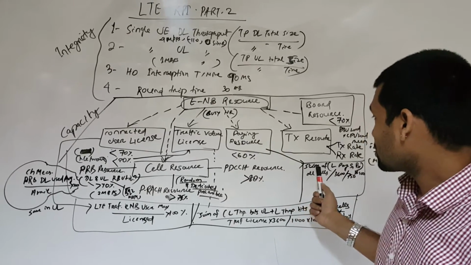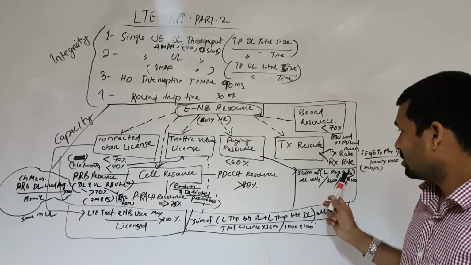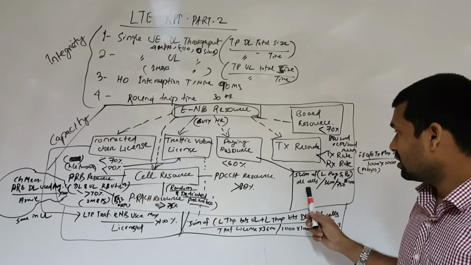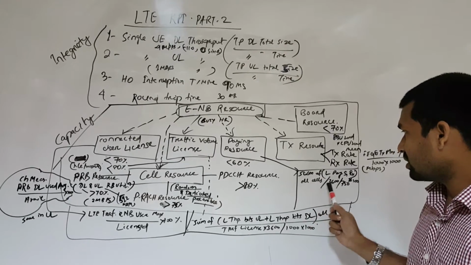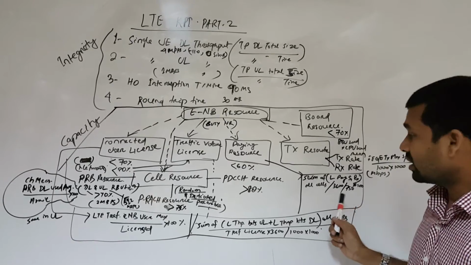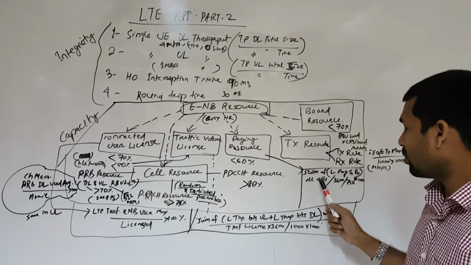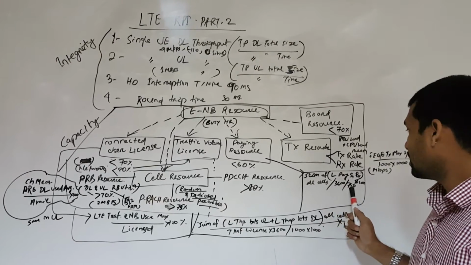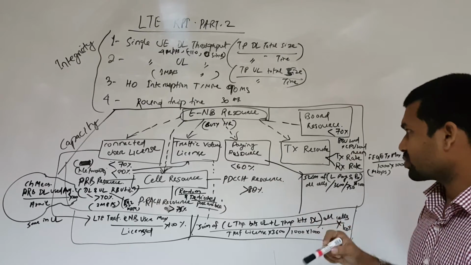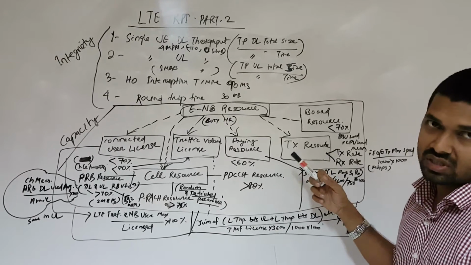The formula is the sum of LTE paging S1 RX, in the S1 interface, total received paging in LTE for all cells, divided by 3600 divided by 750 into 100. That's the paging resource. Then the next one is TX resource, transmission resources.